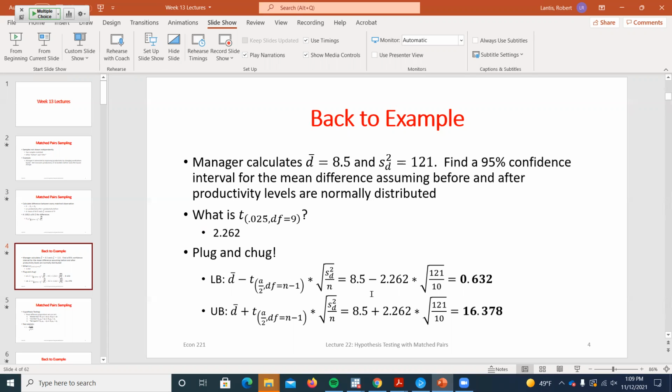So I'm controlling for anything else that might impact productivity. If I take two completely different samples, well, maybe sample one has a slightly higher education level, maybe they have all the other factors that might matter. But if I can measure the difference between the before and after within each individual, I can control for a lot of those things.